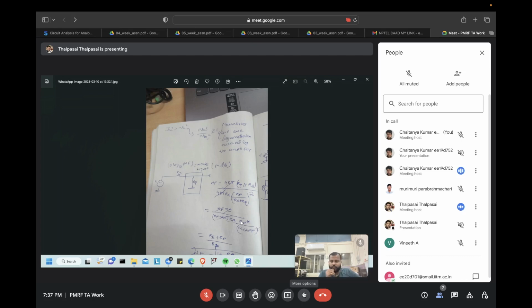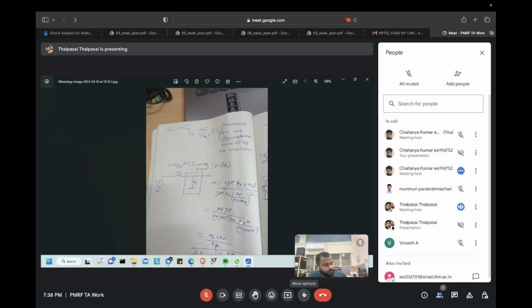Okay, if noise from all the sources are two random variables which are uncorrelated to each other, how will you find the RMS of random variable one plus random variable two, or the power, the sigma square of random variable one plus random variable two? How will you find that?